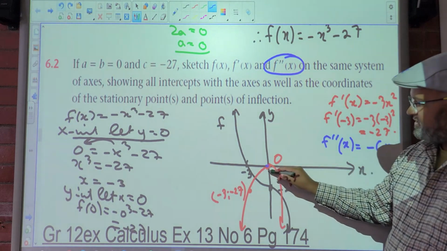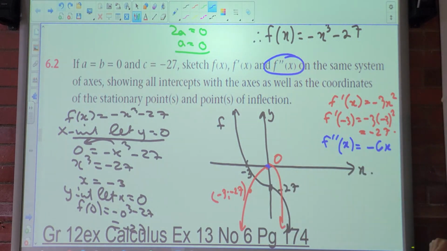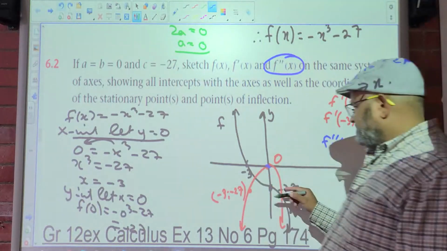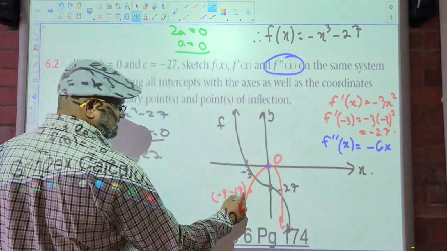There we go again, x is 0. X-intercept will go equal to 0, y-intercept x equal to 0. I'm going to put negative 3 in here. I'm going to get positive 18.